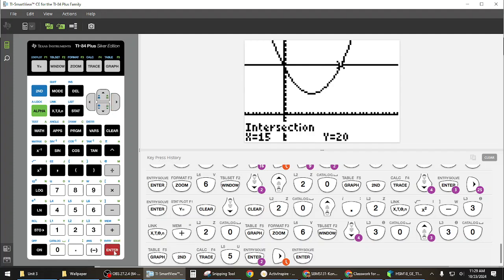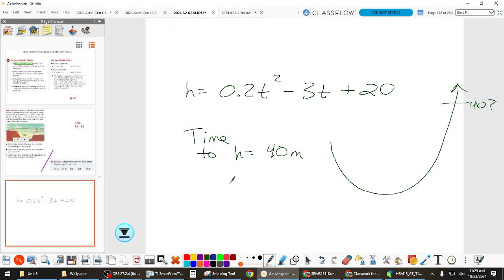And it tells you it happens at 15 and 20. So time equals 15 seconds. Height equals 20 meters. Is that something different than you got?